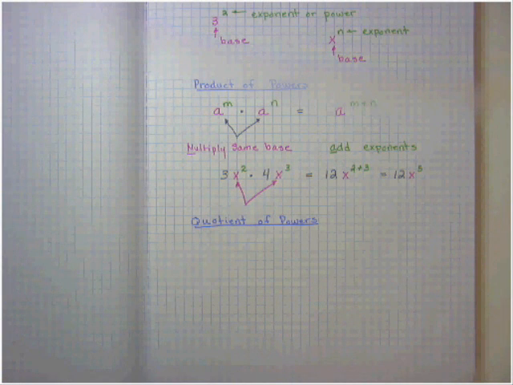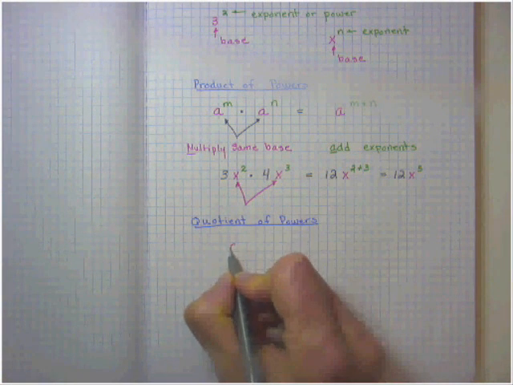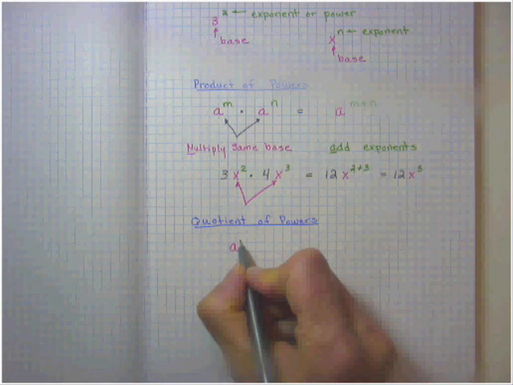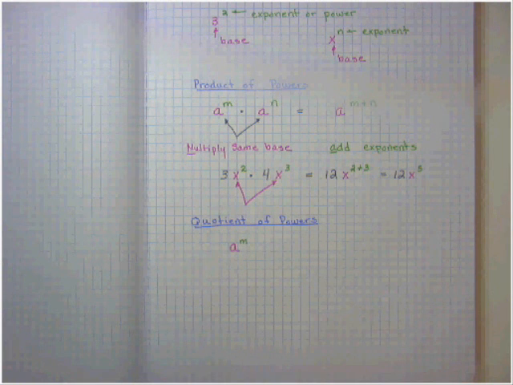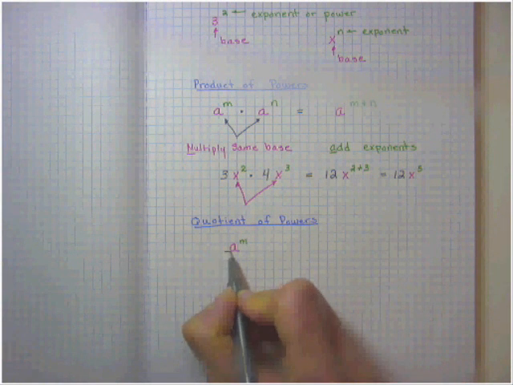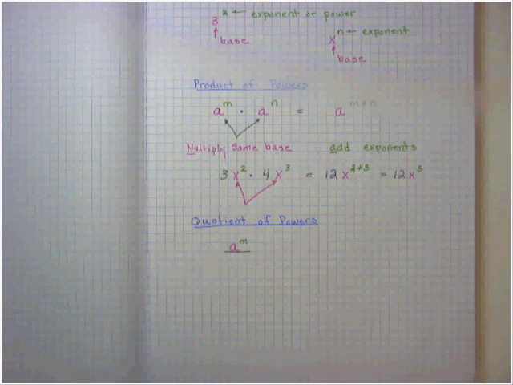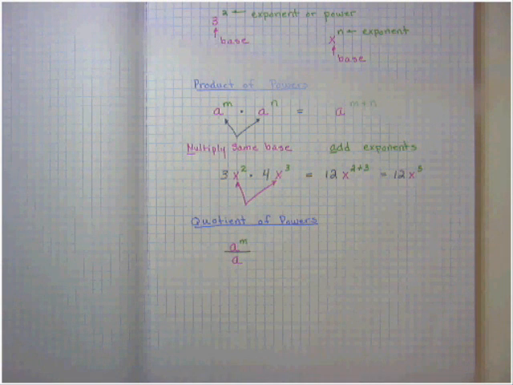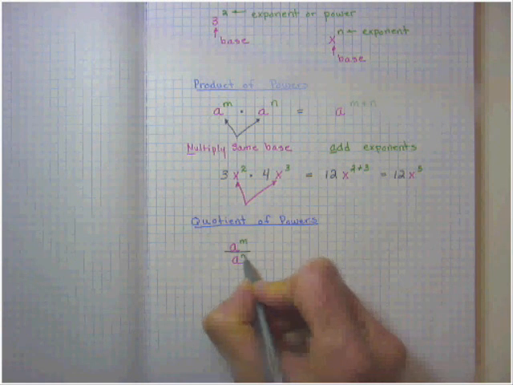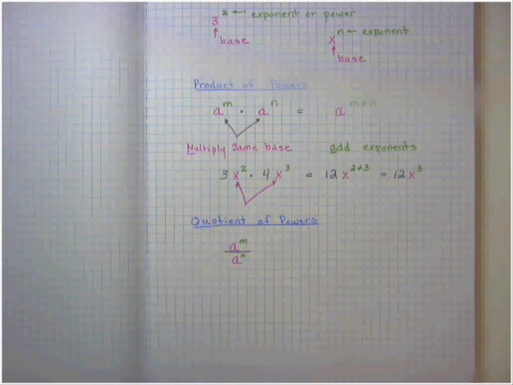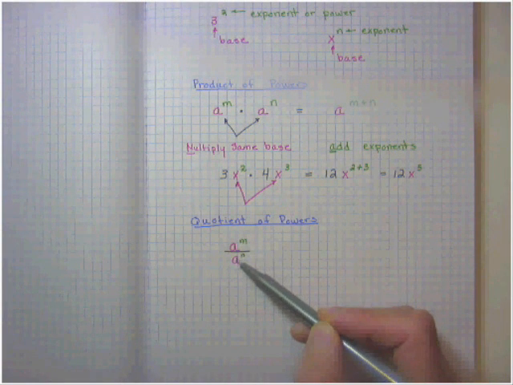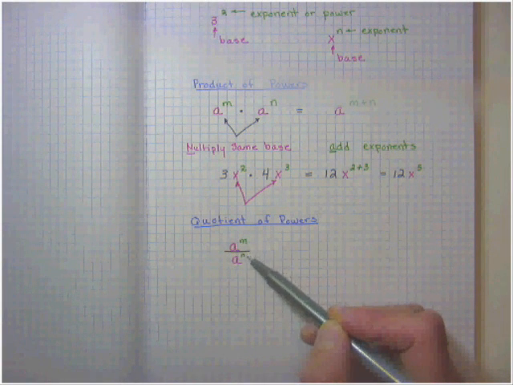So if I have two numbers that are being divided, so if I have a to the m, and that's being divided by a to the n, and it really doesn't matter if it's m, n, x, y, z, whatever, okay, that I have these two bases are the same and they're being divided.